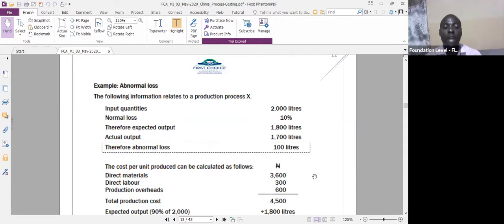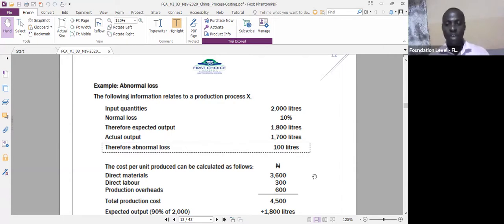Okay, so abnormal loss there is 100 liters. Now, how can we calculate the cost per unit of each material? As before, we add our direct material, our direct labor, our production overheads.